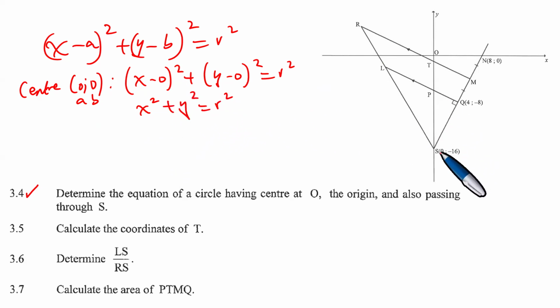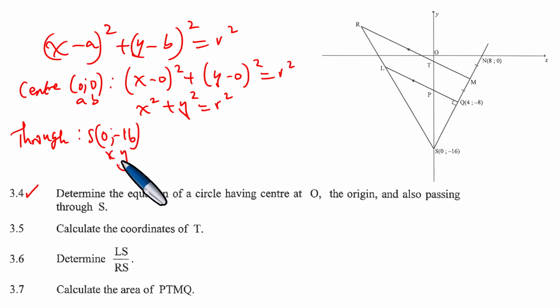But the circle passes through S with coordinates 0 and minus 16. S gives us the coordinates of x and y, so x is 0, squared, and y is minus 16, squared, and this is r squared.